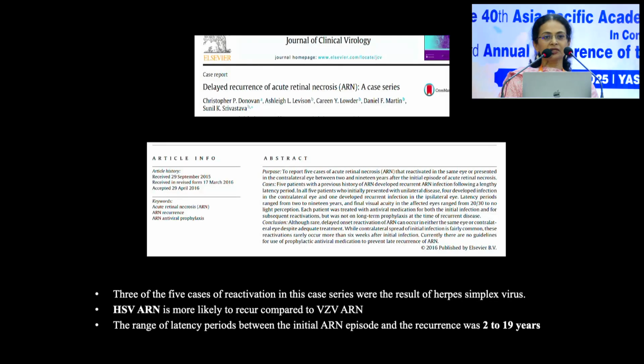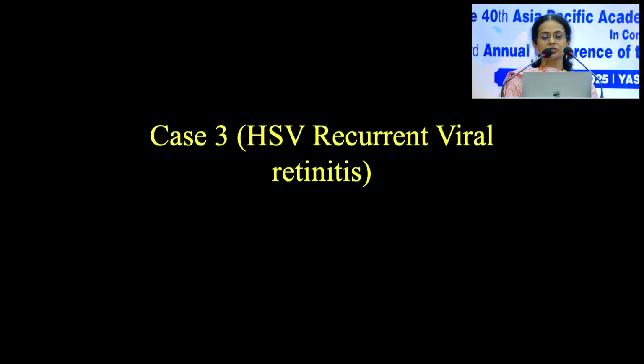So we need to keep that in mind, and that is where the importance of CPC comes. I'm not saying HSV AN should recur, but if it recurs, you are warned as an ophthalmologist. So this was a case of HSV recurrent viral retinitis with acyclovir-induced nephrotoxicity. But since we knew it is an HSV viral retinitis, we could manage with alternative regime.